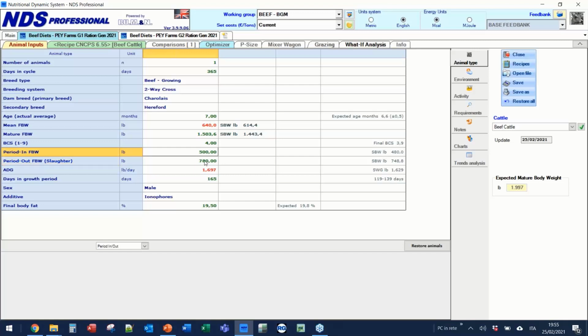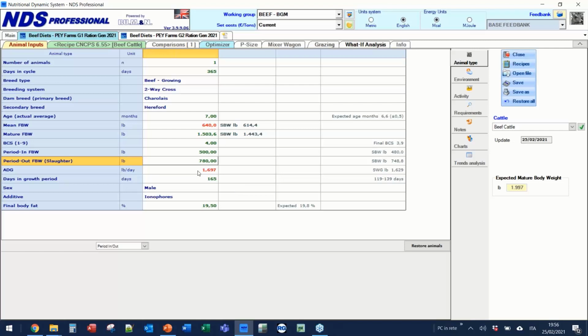In this case it is 780. Not necessarily is it in reality the body weight at slaughtering, but it could be; it depends on the type of group we are working with.